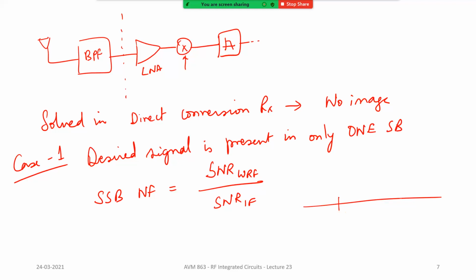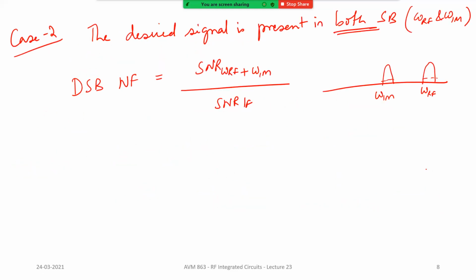Let's say at omega IM you only have some noise, whereas at omega RF you have signal. If you compare the SNR at omega RF with the SNR at omega RF plus omega IM, which will have better SNR?